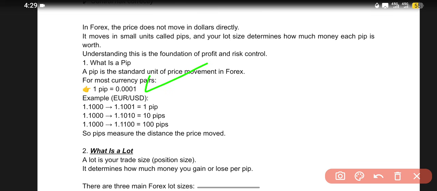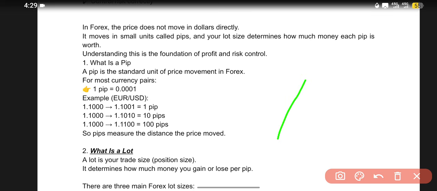So, for example, for the euro, one pip means that you are adding 1 to the fourth decimal place, and then 10 pips, 100 pips, in that order. So a pip measures the distance the price moves.